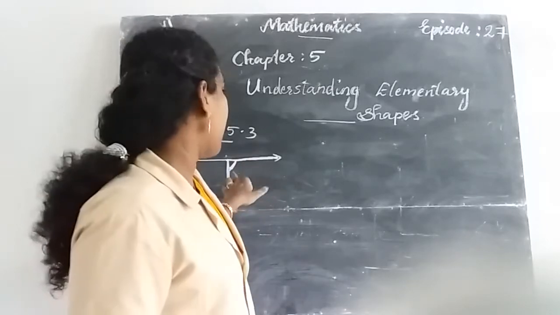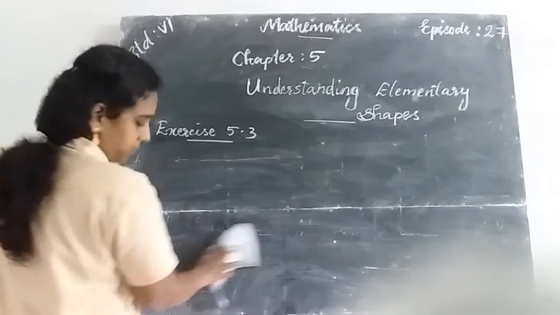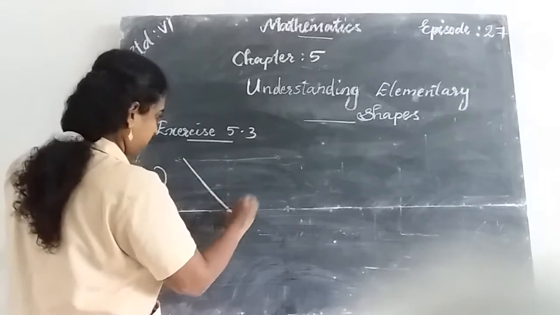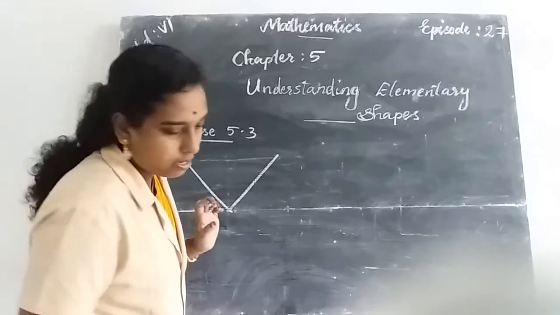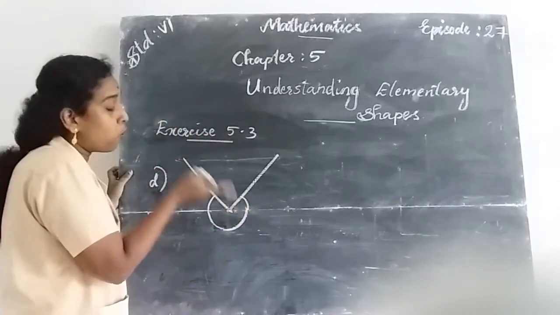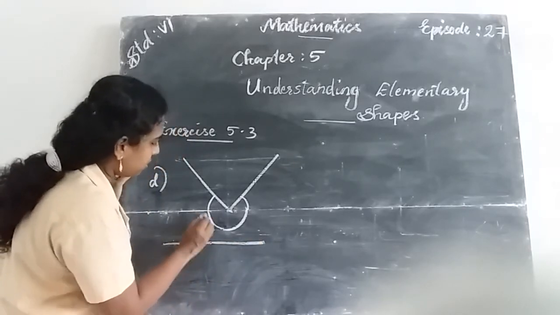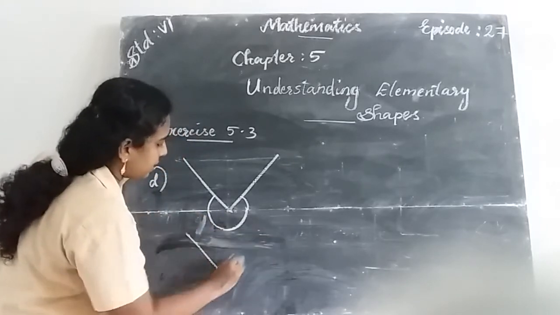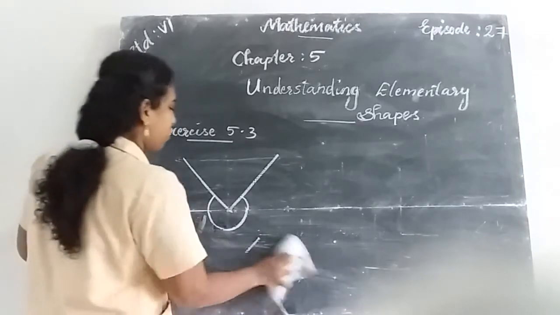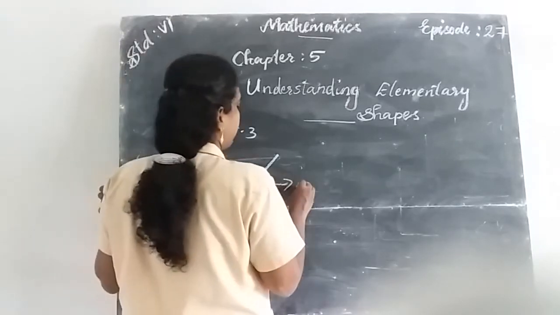Then the next one: here we want to find this angle, and we can see that it is more than 180 degrees. 180 means like this, and it is bent like this, and the angle is greater than 180 degrees. An angle more than 180 degrees is termed a reflex angle. So this is a reflex angle.